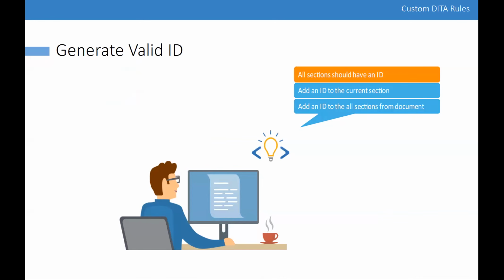For example, use the title of the section. And you can also provide actions that will generate IDs for all the sections from the document. So this will help the user to create the content more easily and to generate these IDs, and it's easier for him to make sure that they are correctly written.